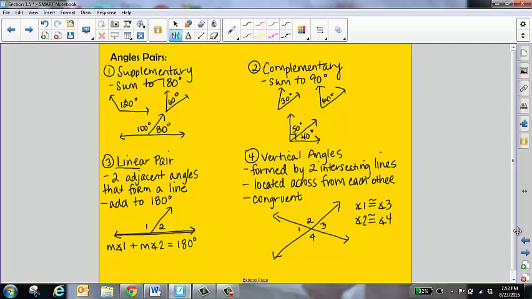So the diagram for example 2 looks like this one, and the reason why is because we have 2 intersecting lines. When we have 2 intersecting lines, we want to check to see if we have vertical angles.